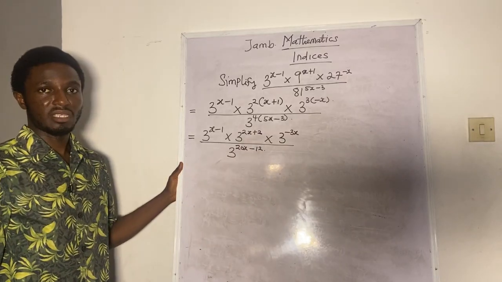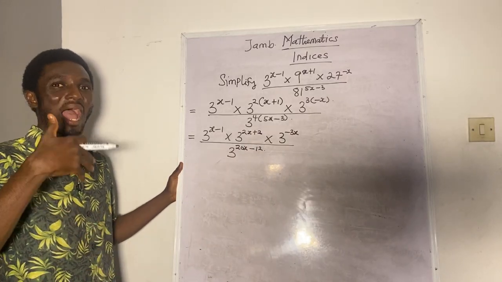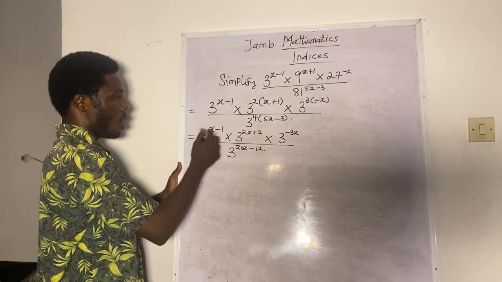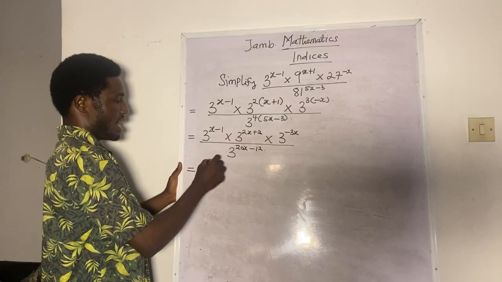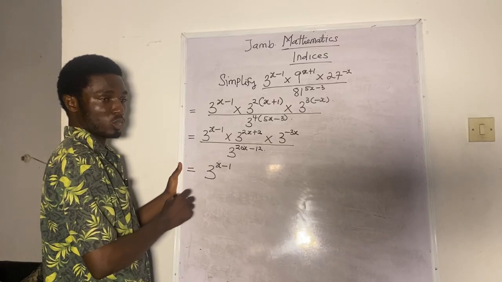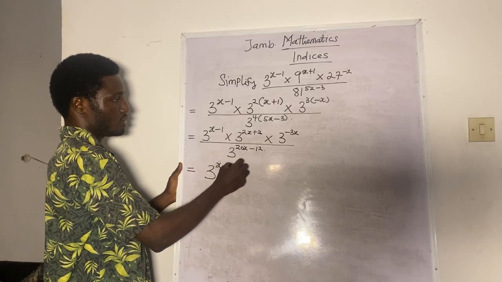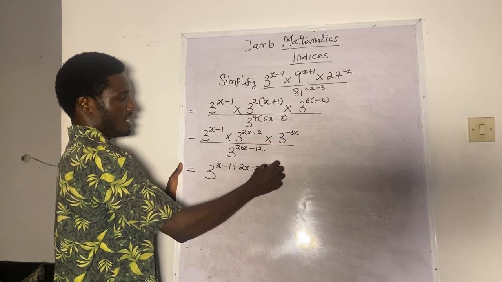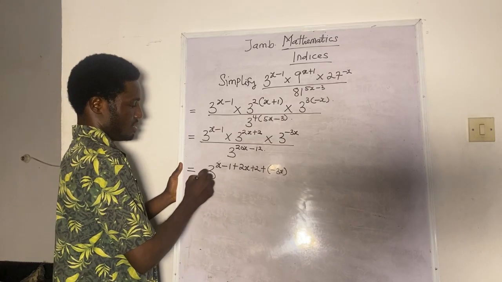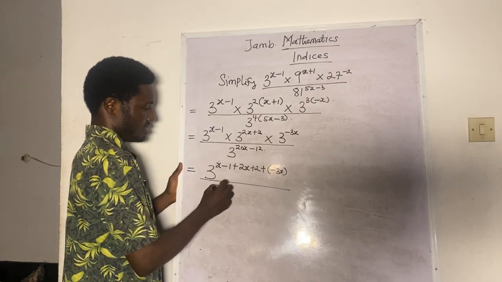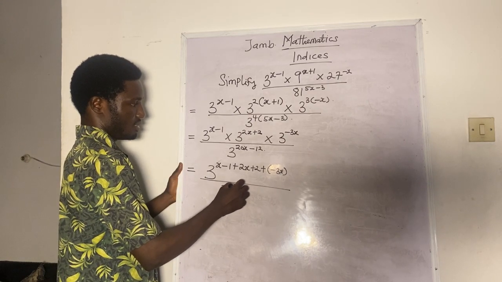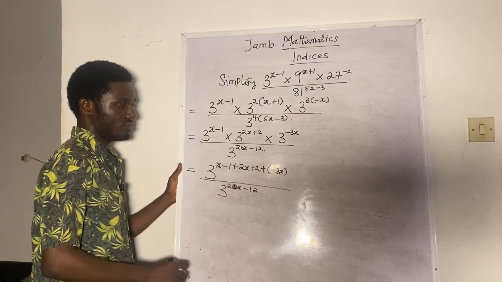Because they're all in the same base, remember the law of indices that we are going to add the powers. So when adding the powers, what do we do? We pick one of the base and then we add the powers that we have, x minus 1 plus 2x plus 2 plus negative 3x, all over 20x minus 12.